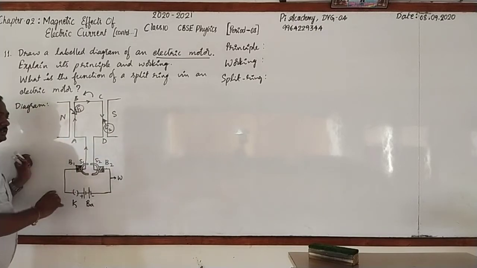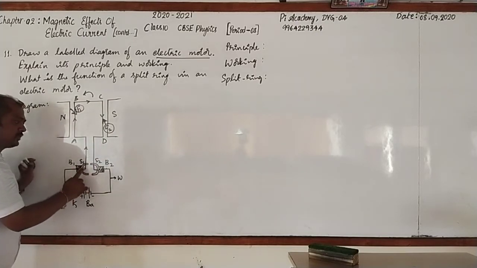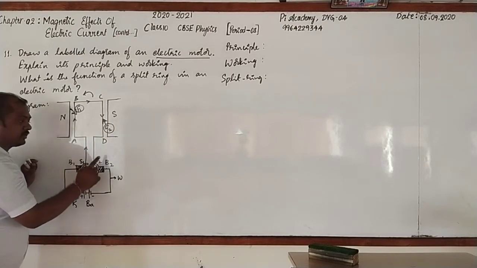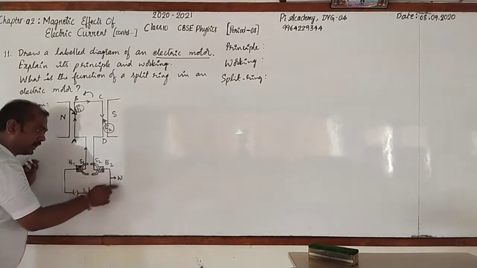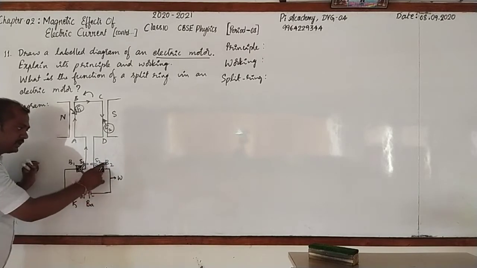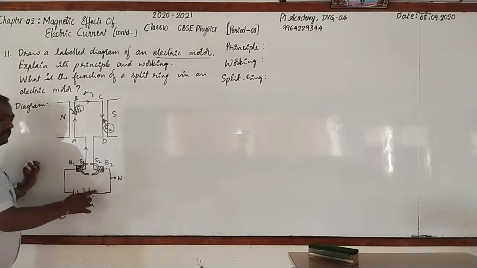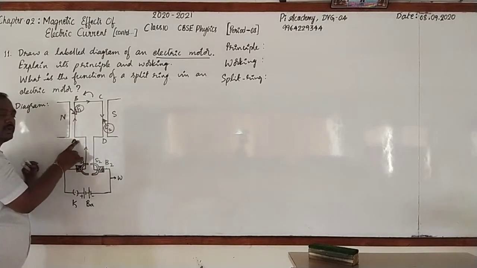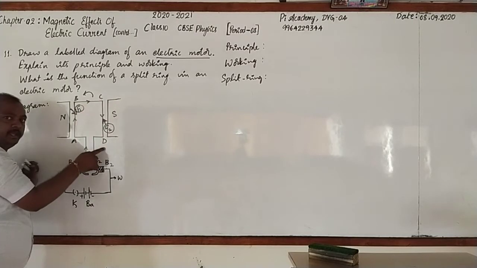During half rotation, S2 comes in contact with B1 and S1 comes in contact with B2. Current in the external circuit flows from B2 to the negative terminal. During the next half rotation, current flows through DCBA.